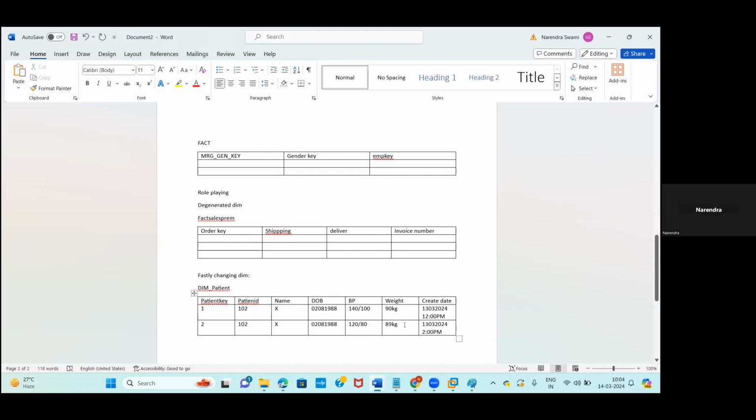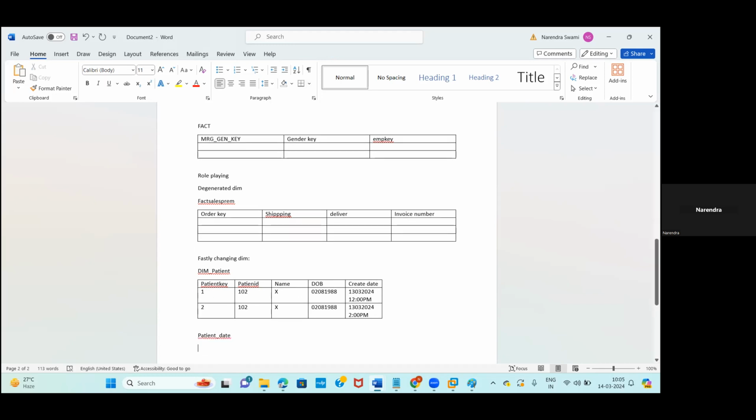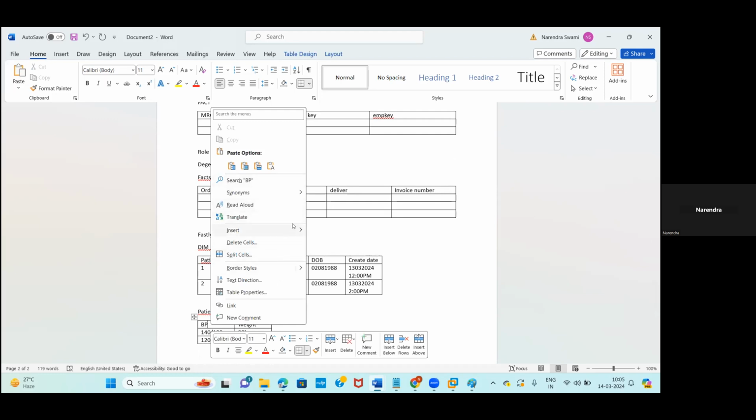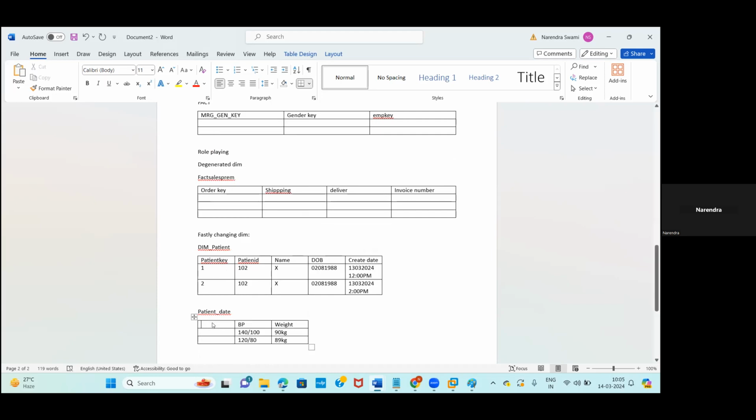Instead of that, what we'll do is move these two columns into another table. That is called the patient data table, whatever. And here we are maintaining one column called patient key. The key will be the same here, 1, 2 only.